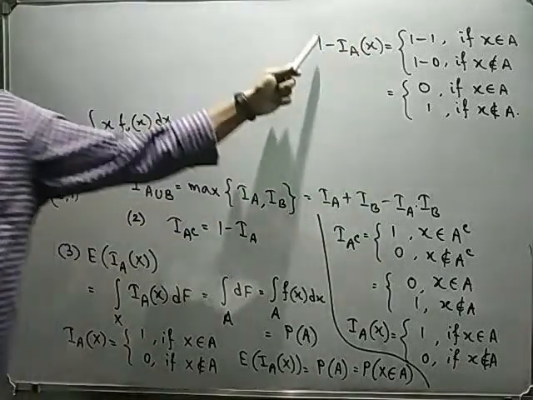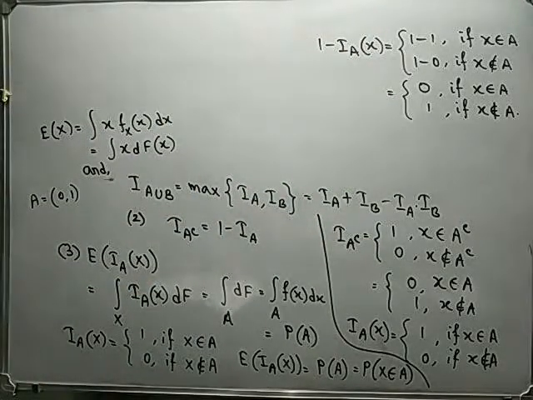So I A complement is basically 1 minus I A of x. Is it okay, Kamesh?